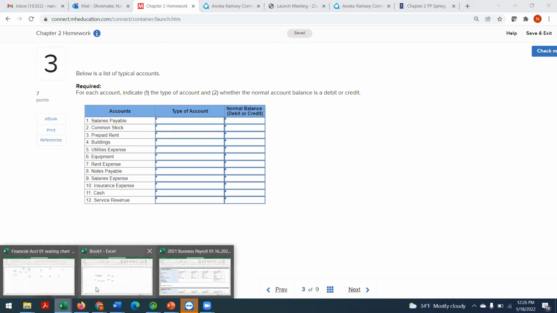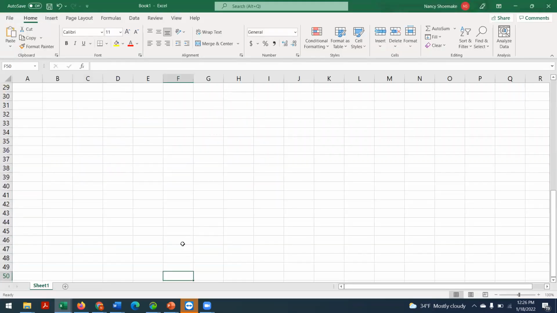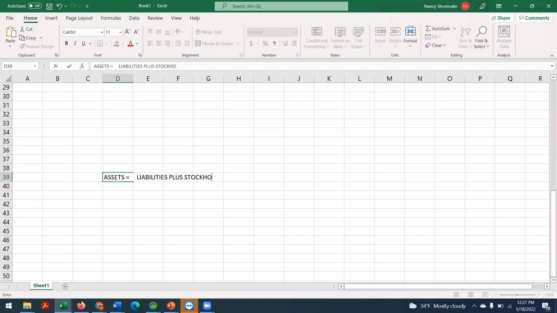Remember, assets equal liabilities plus stockholders' equity. Assets are on the left-hand side of this equation, so that is a normal debit balance. Since liabilities and stockholders' equity are on the right-hand side of the equation, that's a normal credit balance.